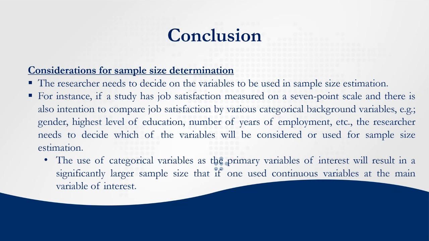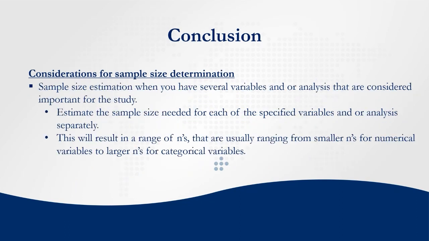So if, for example, you have job satisfaction and you also have some background variables, and the background variables are important, then you have to use the categorical variables to estimate the sample because they are more sample intensive compared to the numeric.